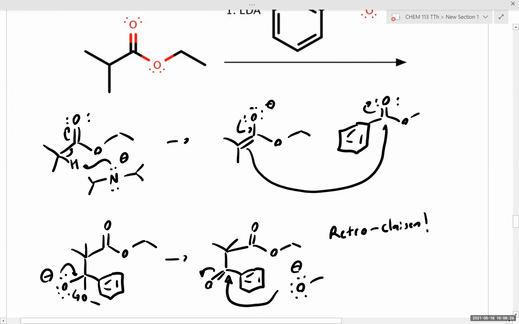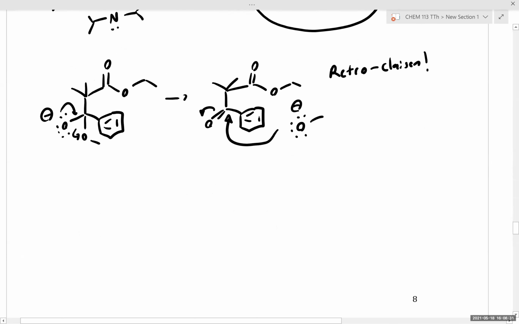No, you don't have to show the retro-Claisen mechanism, but I can show it just for your reference. So we make a tetrahedral intermediate. And then we kick out our enolate as a leaving group.